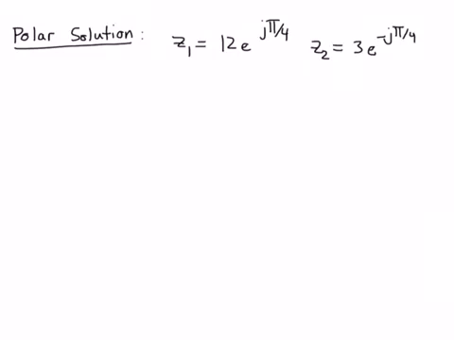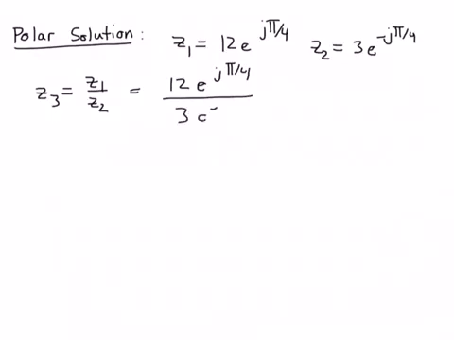So now our goal is to compute z3 equal to z1 over z2. And this is easy to do given that we've got both of these in polar coordinates, so let's just write it out. It will be 12 e to the j pi over 4 over 3 e to the minus j pi over 4. Okay, well, it's easy to see that we're going to first divide the radii, and we're just going to get 4 out of that.